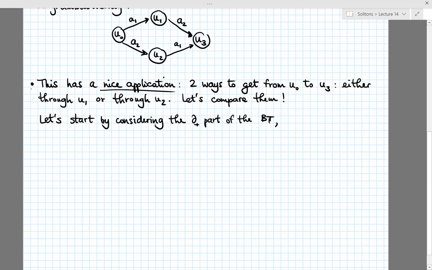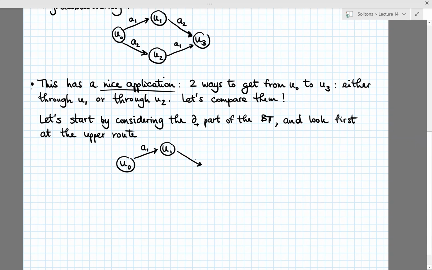And let's first look at the upper root. Namely, we start from u0. We apply Backlund transform with parameter a1 and we get to u1, and then we apply Backlund transform with parameter a2 and we get to u3.